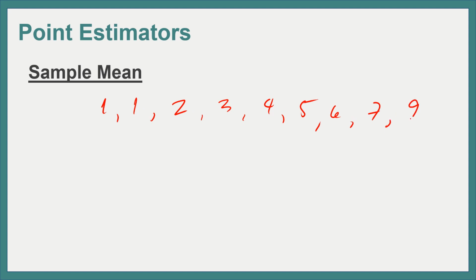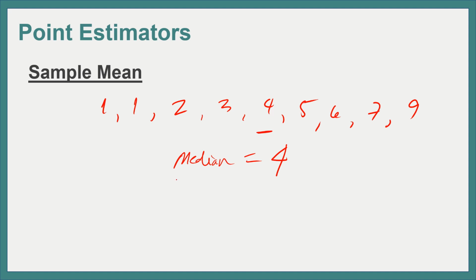Let's say that we have 9 observations. Then, in order to know the median of this sample data, we just need to arrange this in ascending or descending order and look for the middlemost value. So here, the middlemost value is the fifth, 1, 2, 3, 4, 5, which is 4. So the median of our sample is equal to 4.